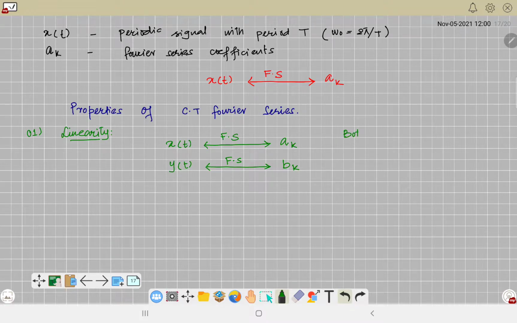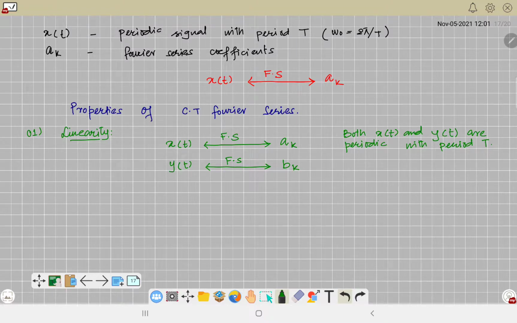It's a given because you're talking about Fourier series, so whatever signals there are, they have to be periodic. So both x of t and y of t are periodic, which is expected. But what is important is they have a common period T. Means both these signals have a common period T.